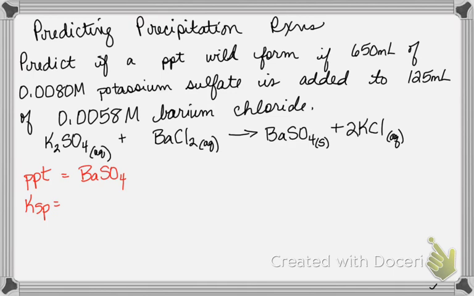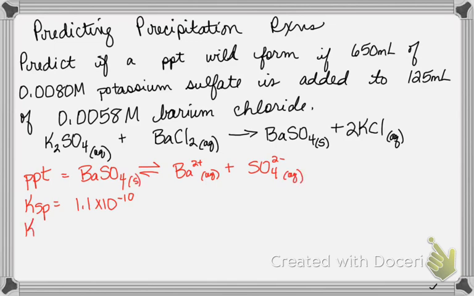The KSP for barium sulfate is 1.1 times 10 to the minus 10. And we know from looking at the KSP table, we know that barium sulfate's solubility equation would look like this: barium ions and sulfate ions.